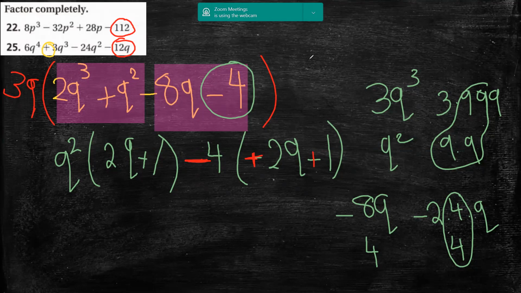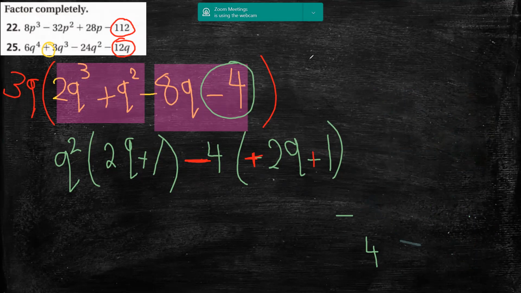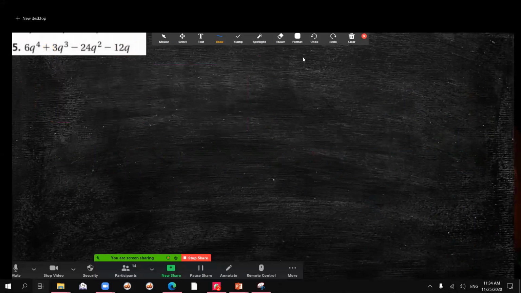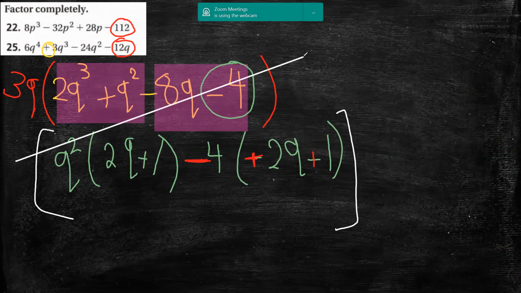Then after that, don't forget now to write the 3q that we factored out first.